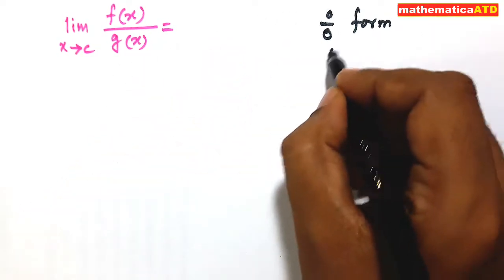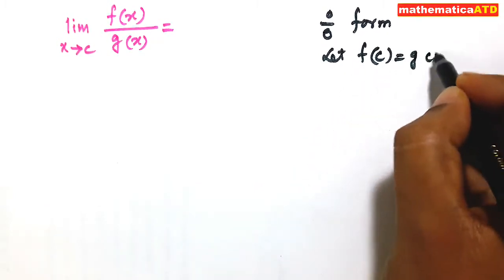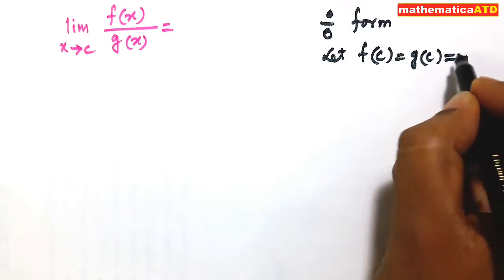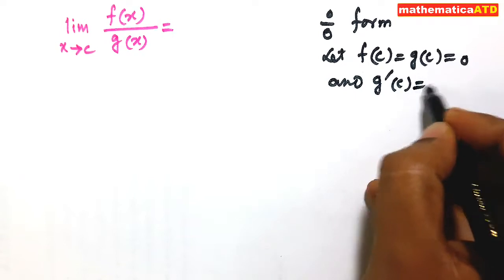Let us consider that f(c) is equal to g(c) is equal to 0 and g'(c) is not equal to 0.